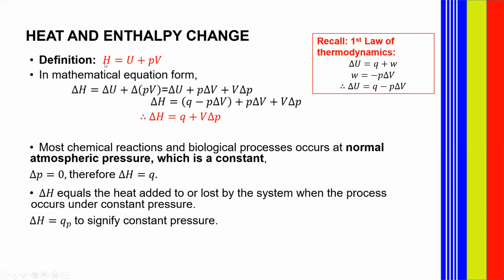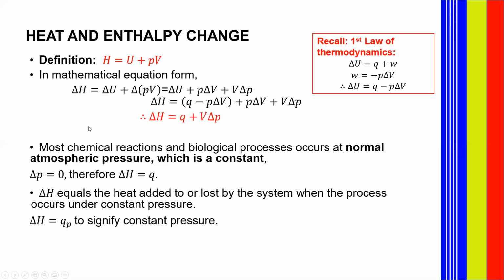We know that H equals U plus PV, and when you express that in delta H, you have delta U plus delta PV, which expands to P delta V plus V delta P. Because delta U is equivalent to Q minus P delta V, you can plug that in, and you finally get delta H equals Q plus V delta P.